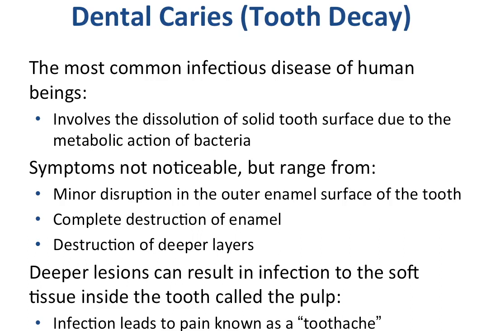The disruption of the tooth can be from the enamel surface to the root of the tooth, or it can completely destroy the enamel, or destroy the deeper layers such as the tooth root.